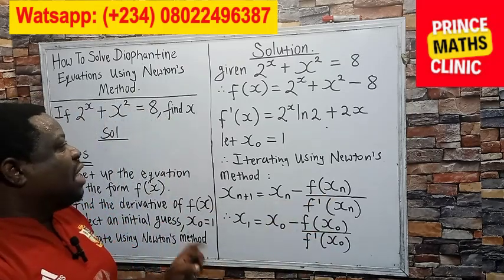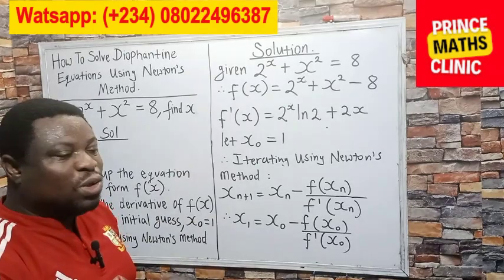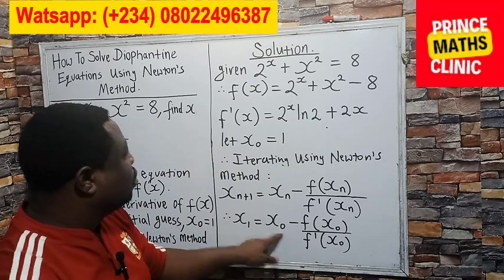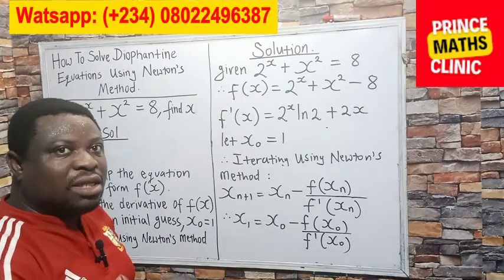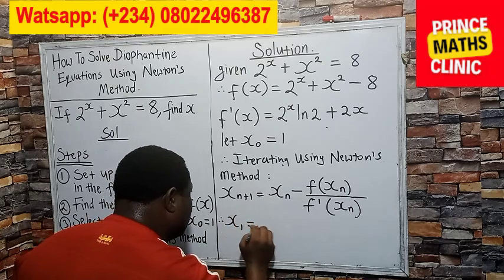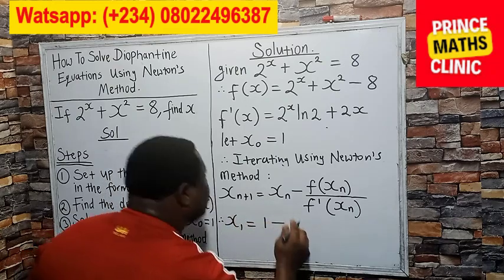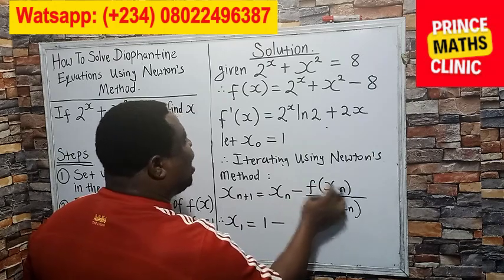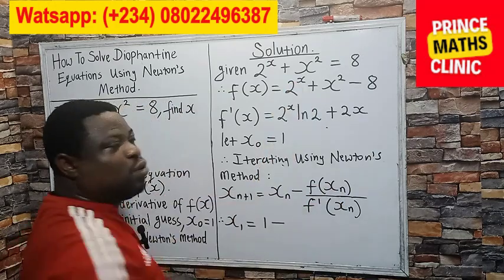So in order to iterate very well, here's what I'm going to do. I am going to use this formula now to simplify this. So it will look like this. So anywhere I see my f of xn, like I said here, I'm going to put 1.